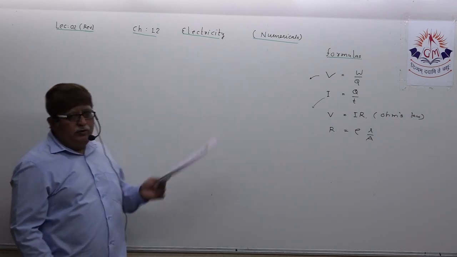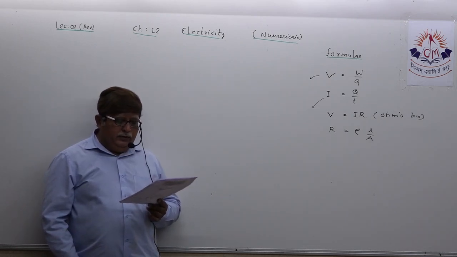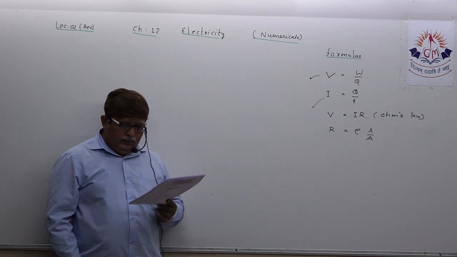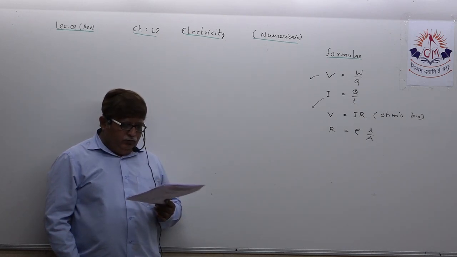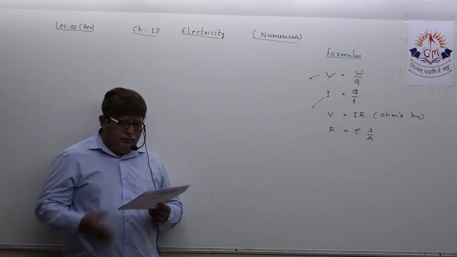As you know, in the previous one we have done, where also you were given electric current and the time, from which you are able to find the amount of charge. Now you see the ninth one, dear student.